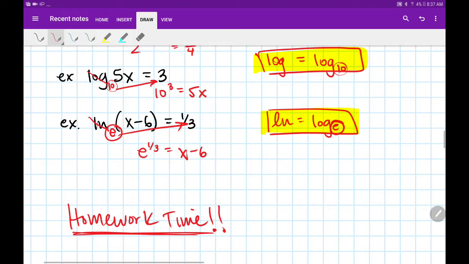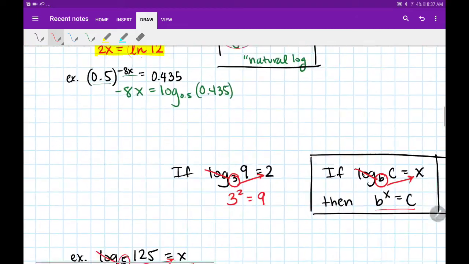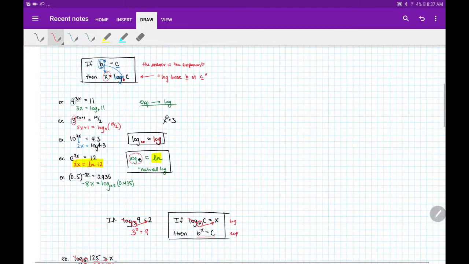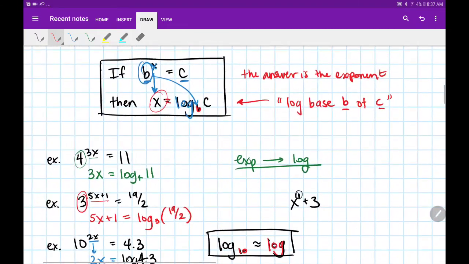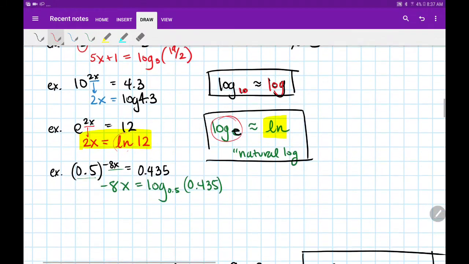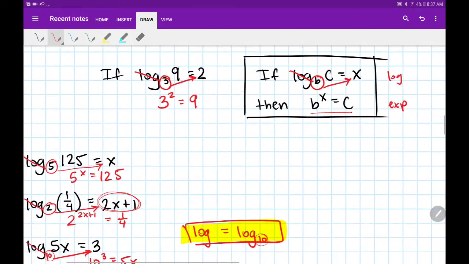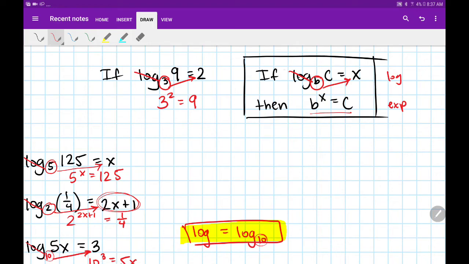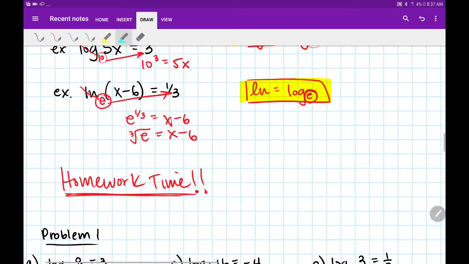And see if you remember, anything to the power of 1/3, that really means the cubed root of e. Right? So we did a great job going in both directions, from exponential to log, in which we drop the exponent, log base c, and then we practice going from log to exponential, where we cross out the log, and then we go our base to the power of the exponent equals the remaining guy.